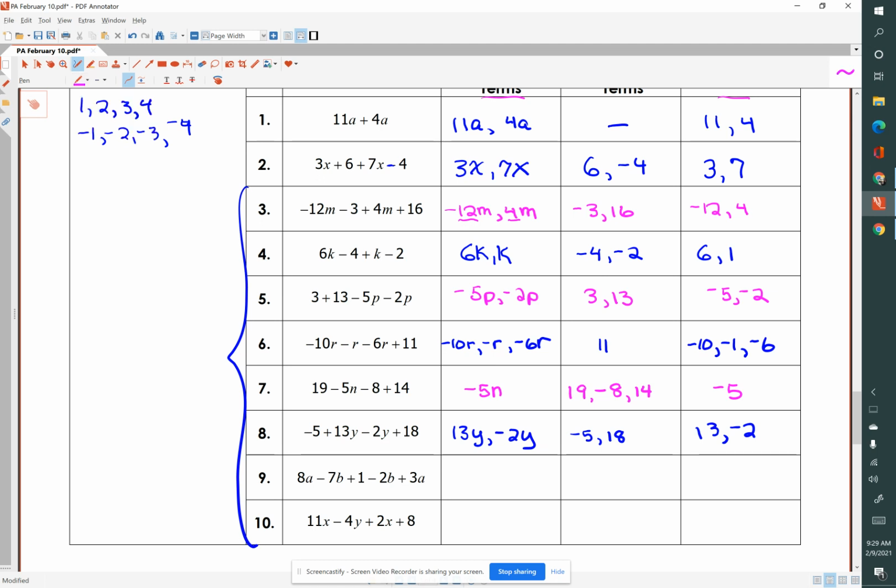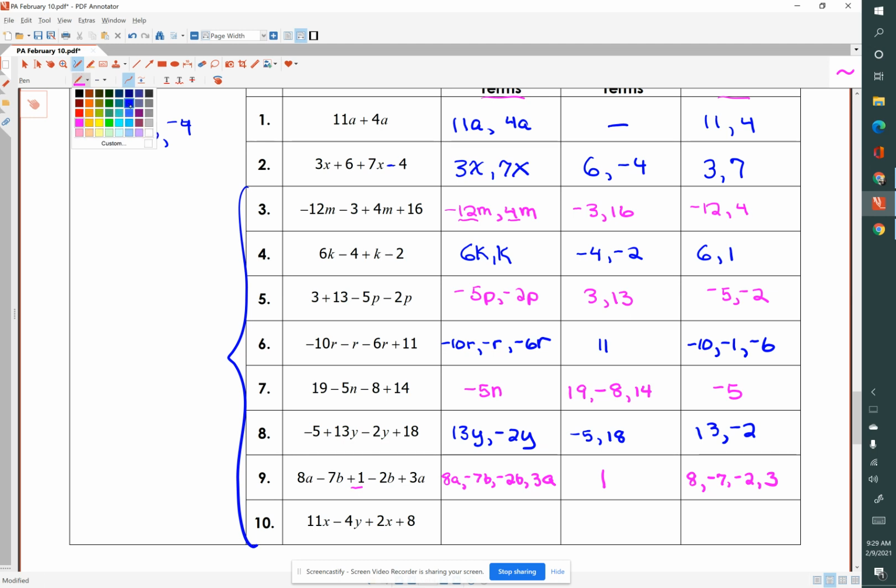And in number 9, we have 1, 2, 3, 4 variable terms. We have 8a, negative 7b, negative 2b, and 3a. Could hardly squeeze them in there. The only constant term we have is that 1, and our coefficients are 8, negative 7, negative 2, and 3.